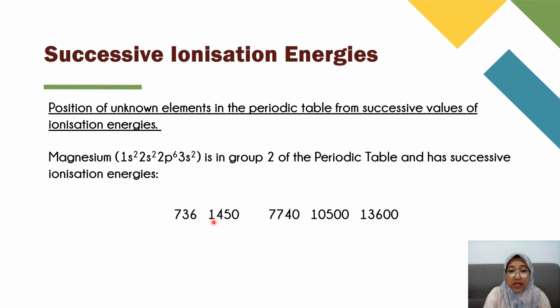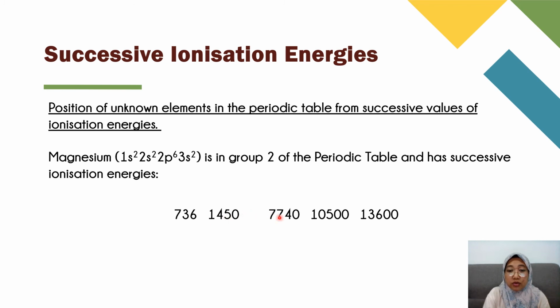Third ionization energy becomes huge. From 736 to 1450, the difference is around 700.